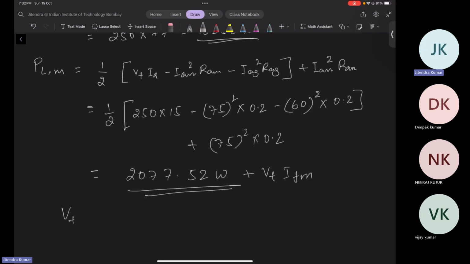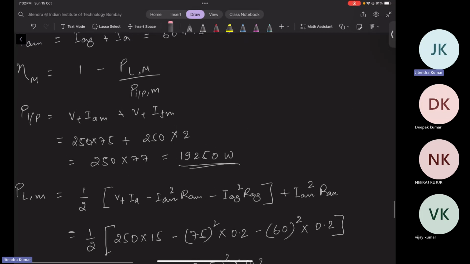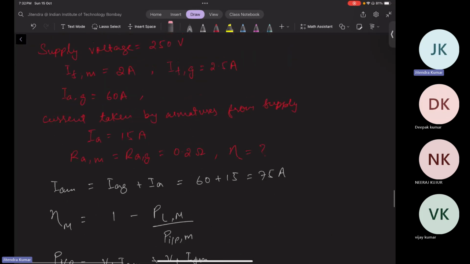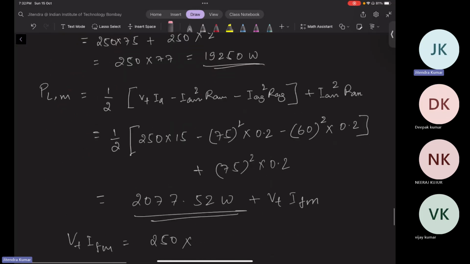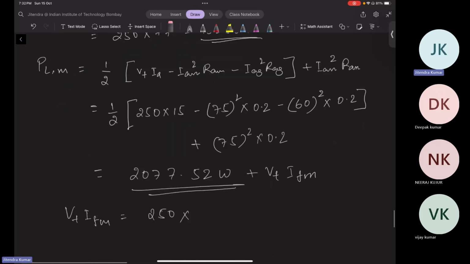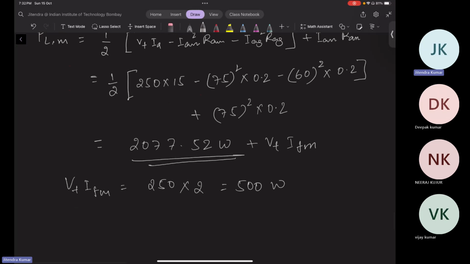So VT into IFM will be equal to 250 into IFM, which is 2 amps. So it is 500 watts. So now I will just add it. So losses in motor will be 2577.52 watts.